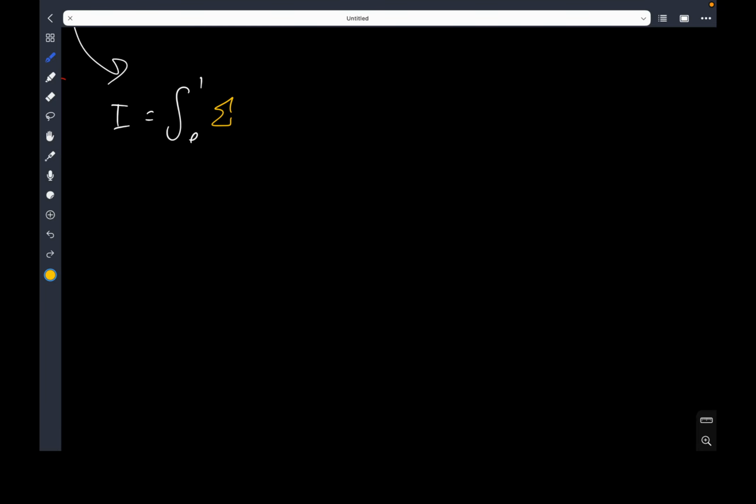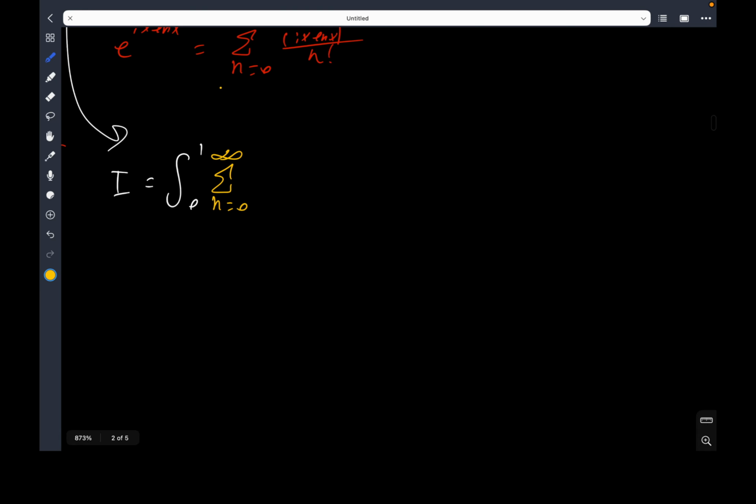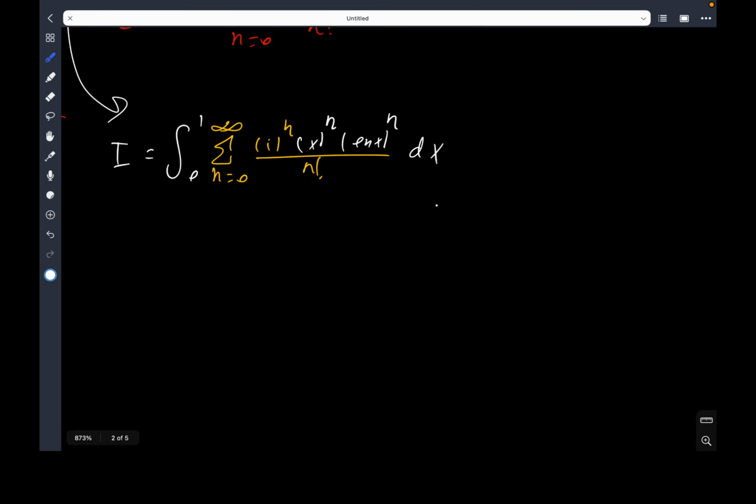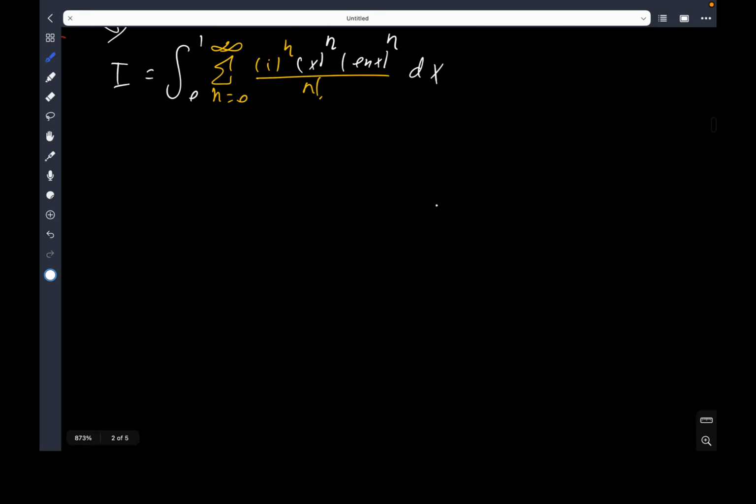It's the sum from 0 to infinity of the integral from 0 to 1 of i to the n, x to the n, and ln x to the n, all over n factorial, dx. The reason that I put these things in different colors is that I want to show you that we can actually factor these two out of the integral because they're constant with respect to integration.